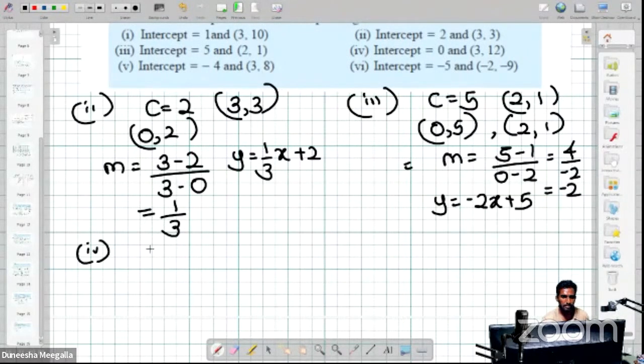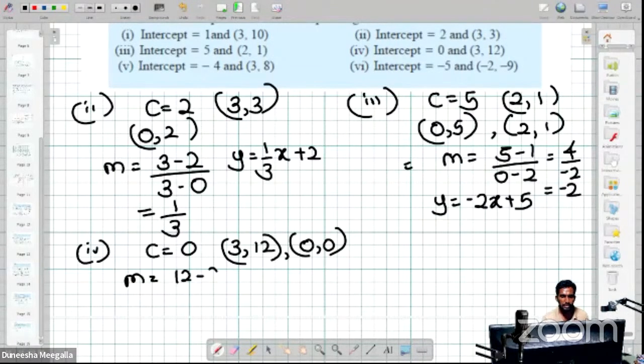Fourth one: the intercept is 0, so c is 0, and the point is (3, 12). The other point is (0, 0). The gradient m is 12 minus 0 divided by 3 minus 0, which is 12 divided by 3, so it's 4. Then y equals 4x.